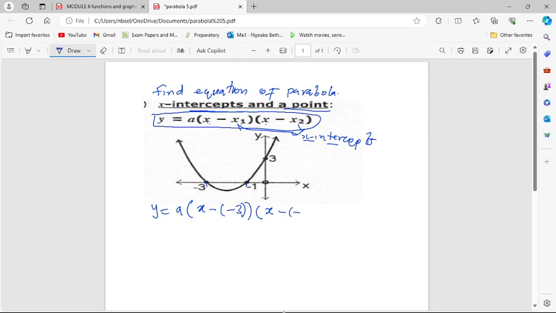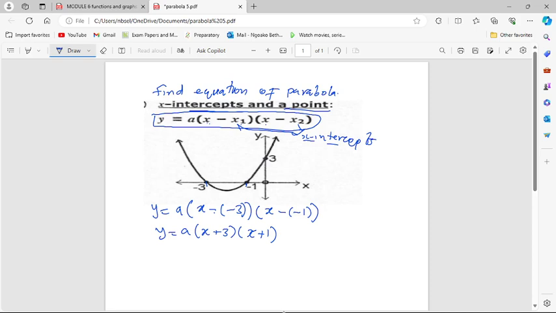We have negative 1, so you must put minus negative 1. Now we can write that in simple ways: a into x, negative by negative is positive 3, into x, negative by negative 1 gives plus 1. Now we have substituted the x-intercepts. That is the first step.